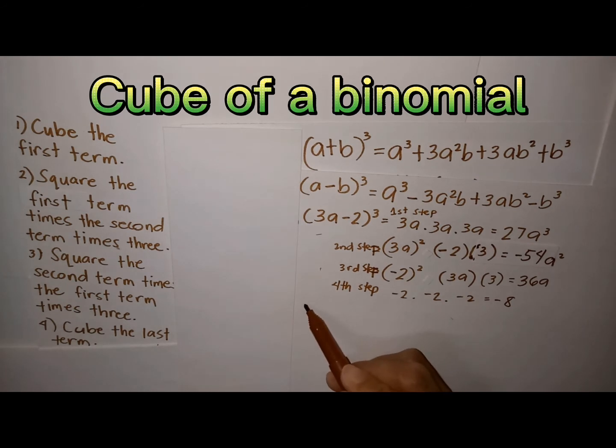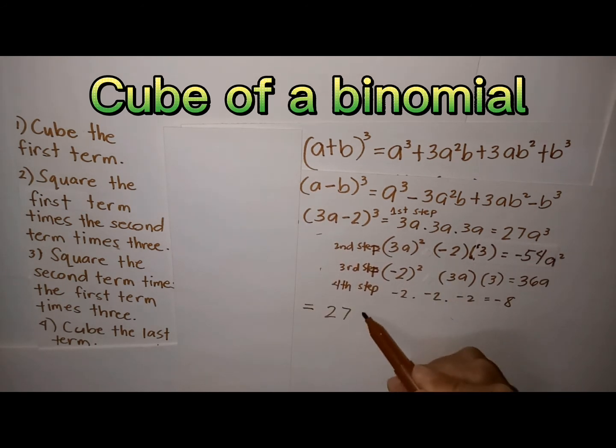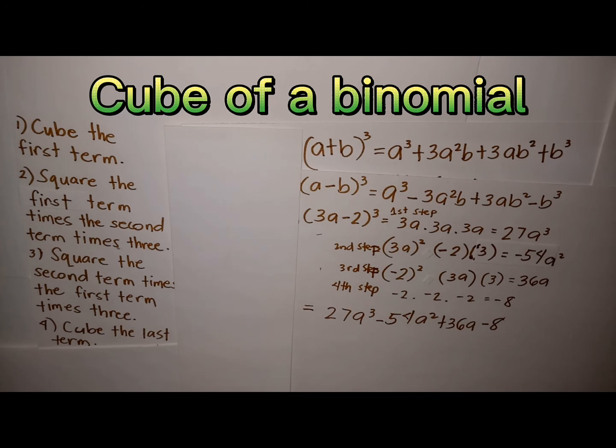Therefore, our answer will be 27a cubed minus negative 54a squared plus 36a minus 8. Now, try to answer this one.